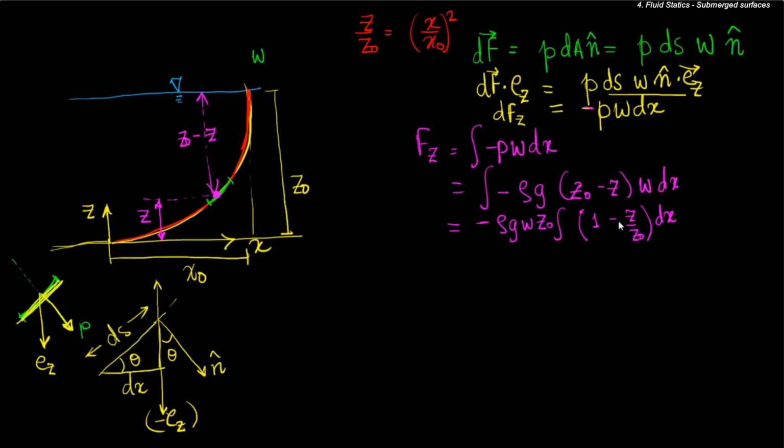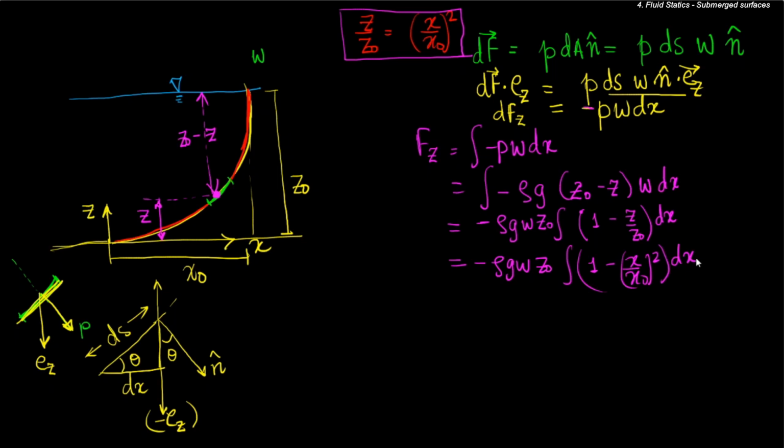Well, now we also recognize that Z and X do not vary independently. In fact, they are related by this equation. So Z upon Z naught is X upon X naught whole square. So we can substitute over here. So this becomes minus rho g W Z naught integral 1 minus (X upon X naught) whole square dx.